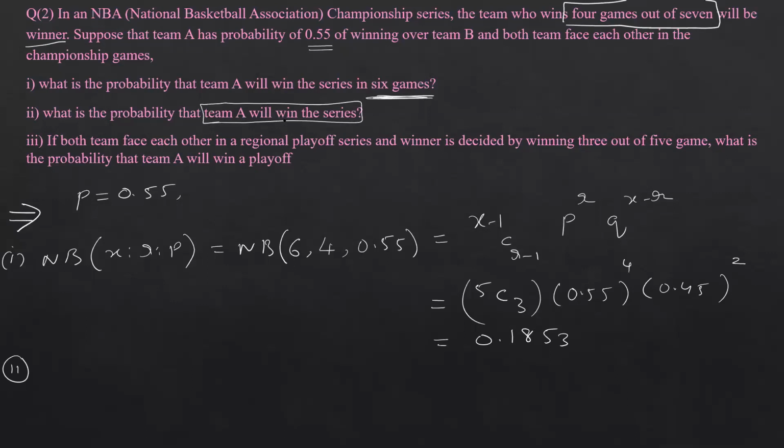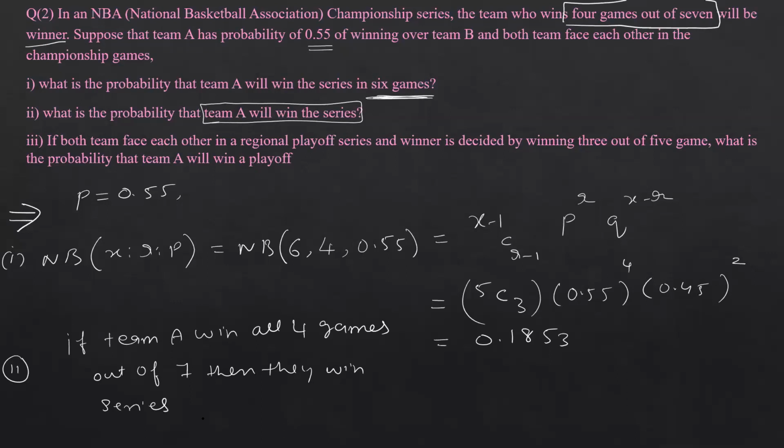All right. Now second, what is the probability that team A will win the series? Team A will win the series if they win all the 4 games out of 7. So if team A wins 4 games out of 7, then they win the series. So how to answer this question?